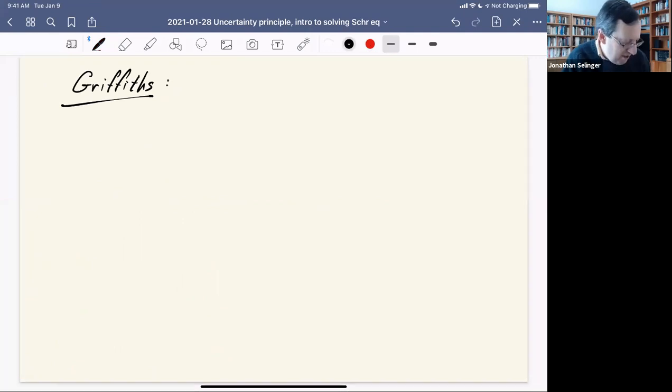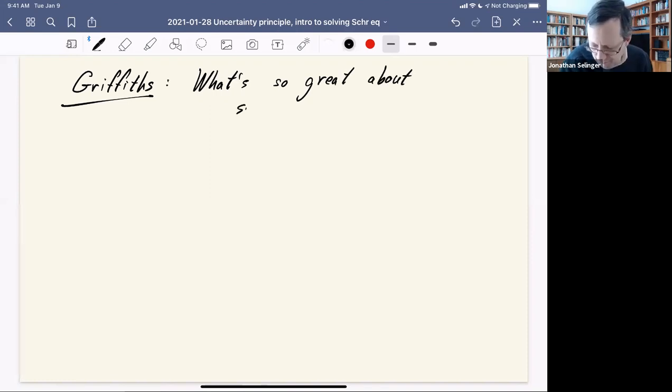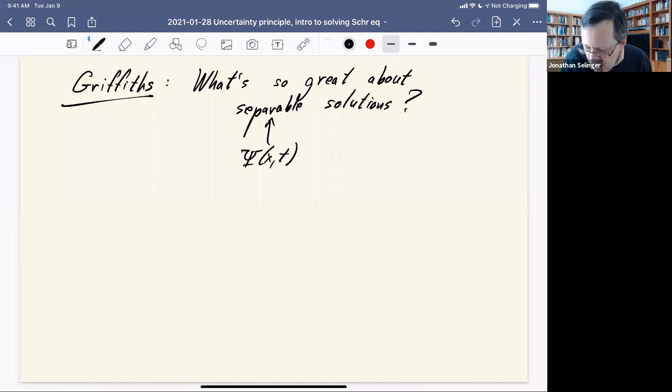From the textbook, there is a section that is written as something like, what's so great about separable solutions? Separable solutions, okay. Separable means solutions that satisfy this assumption of separation of variables.